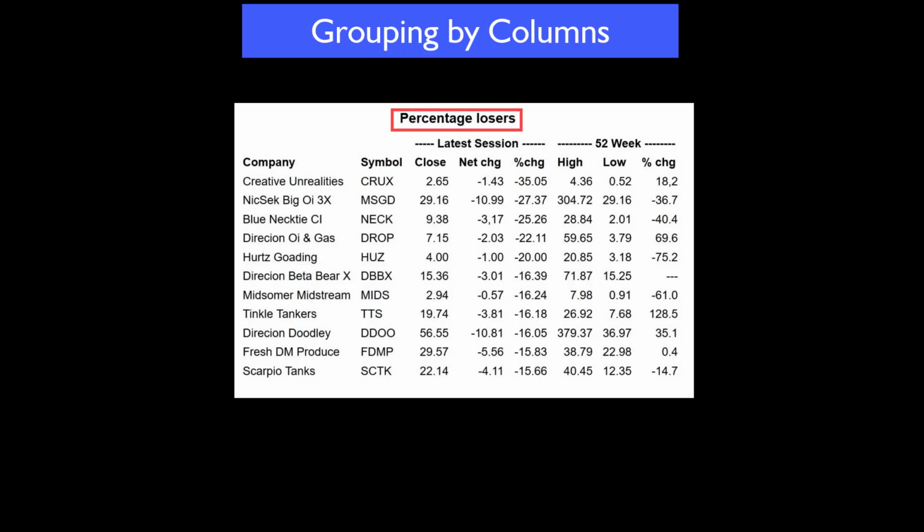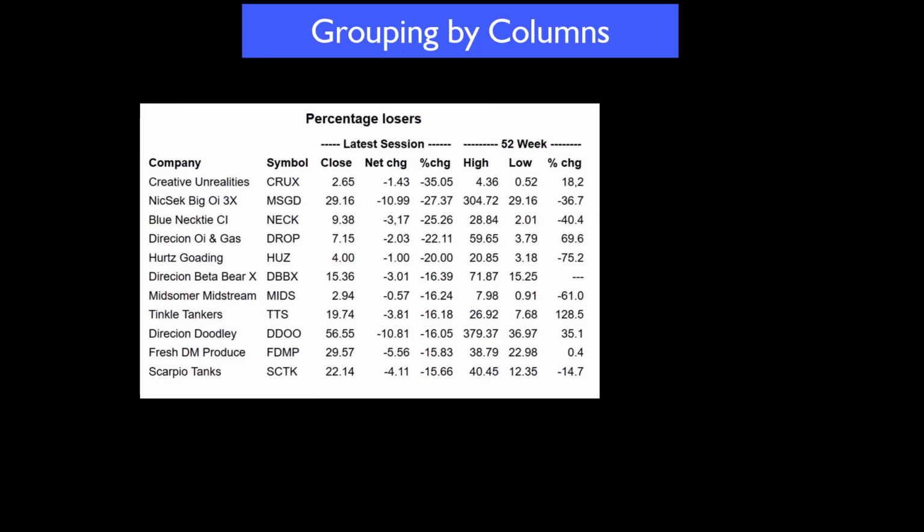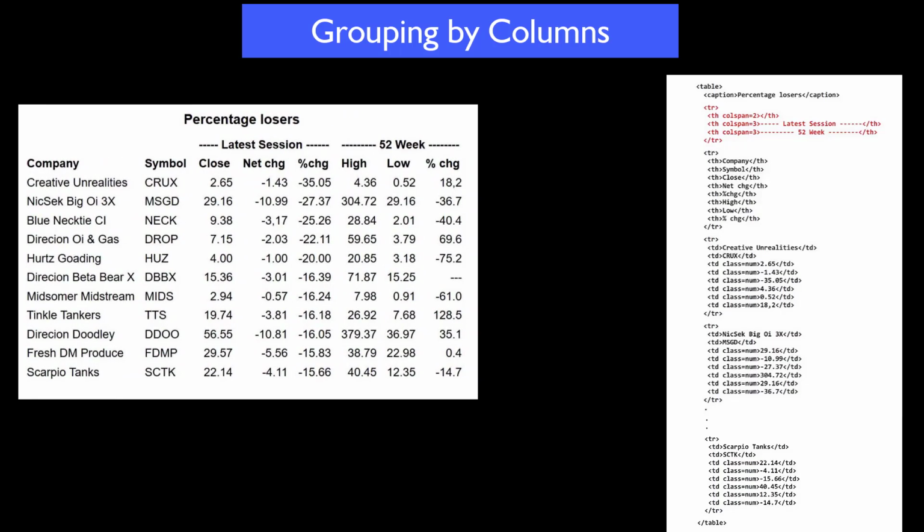Notice the caption and the body, 8 columns, and the 2 levels of headers. The top headers are over the right-most 6 columns. So here's the code to produce that result. We have our table and a caption, and now here is our row of headers.